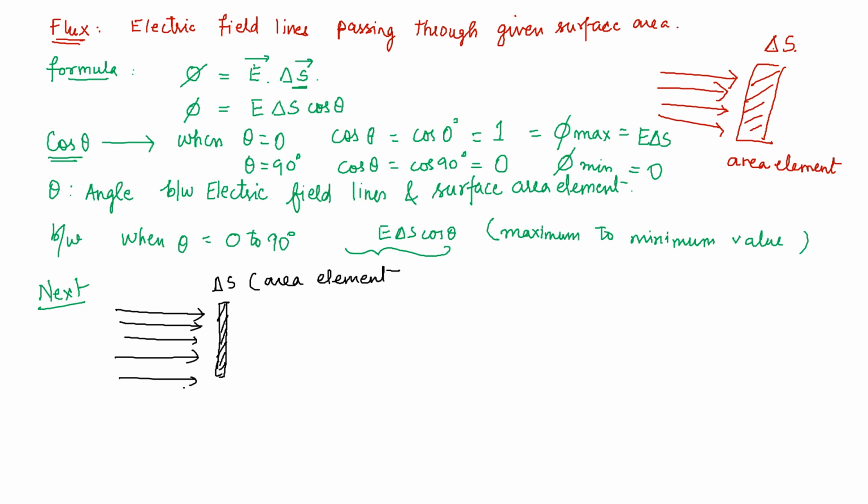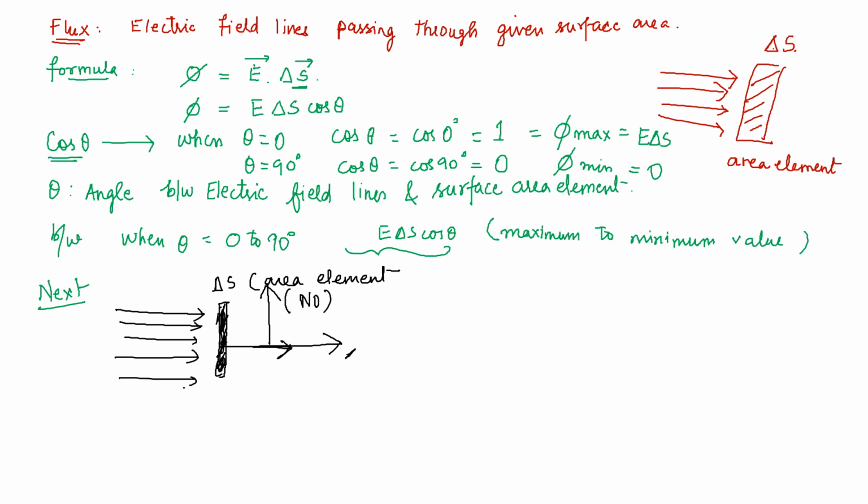Now this area vector, area element, will give us two directions. This element will have a direction in this path as well as a direction in this path. This will be given by the sine component and this will be given by the cos component, but there is no such requirement for that; only this will be taken.